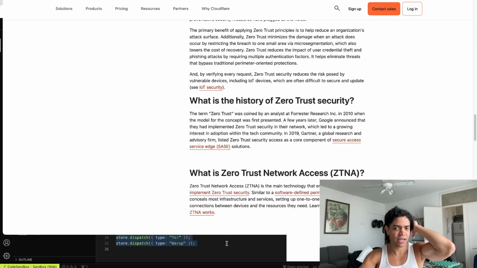A few years later, Google announced that they had implemented zero trust security in their network.